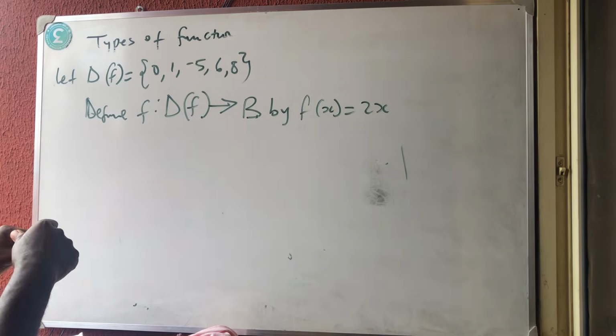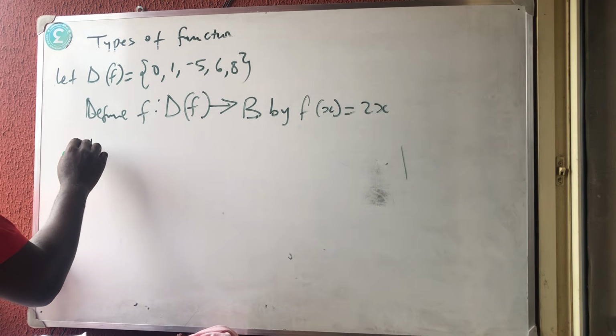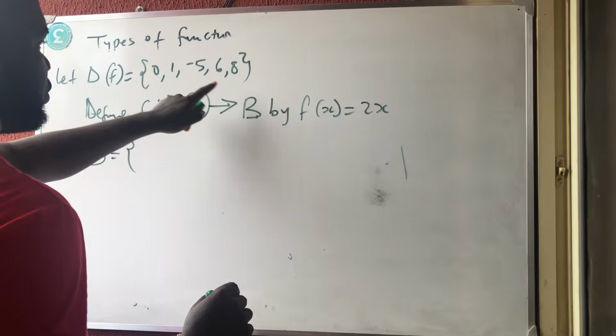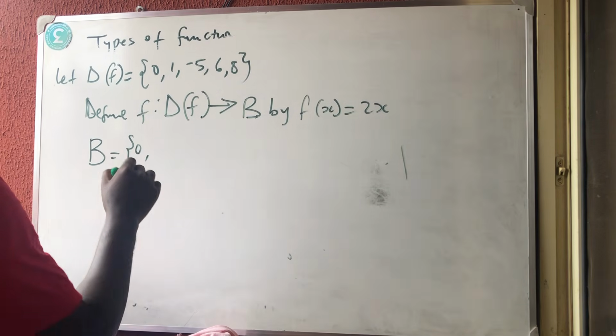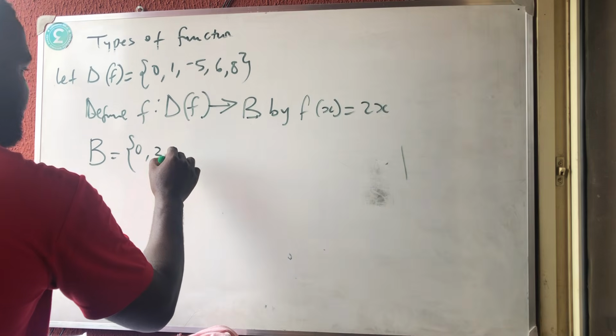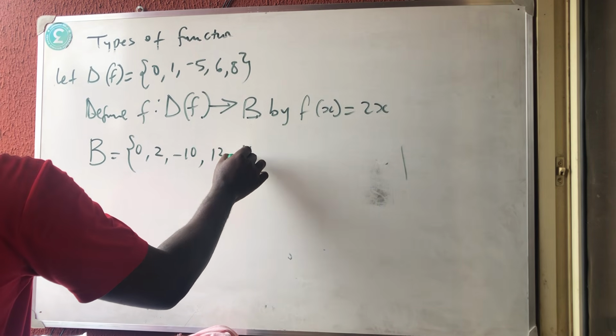Okay, we want to do this. Let's get B. If we are getting B, we are seeing that B is 2 times 0, 0. 2 times 1, 2. 2 times minus 5, minus 10. 2 times 6, 12. 2 times 8, 16.